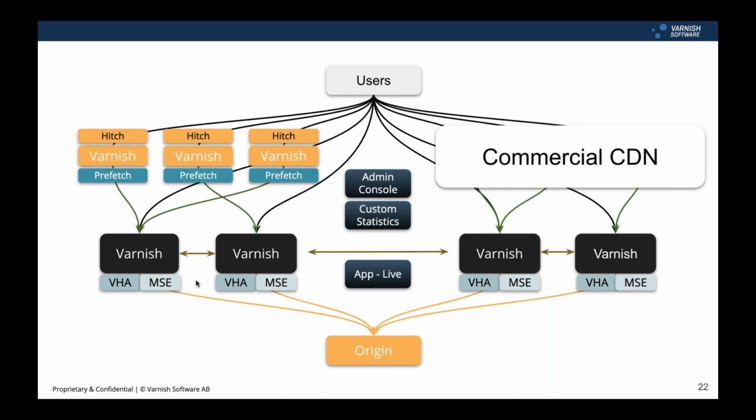So the first thing to do when you are using a commercial CDN is to add a Varnish layer in between your commercial CDN and the origin server. Make sure that Varnish works as expected. And then slowly you're going to also introduce another Varnish layer. And this will complete the picture of a hybrid approach.